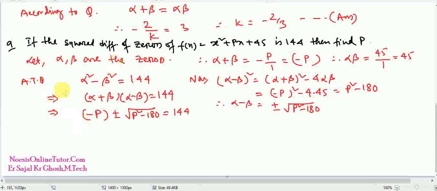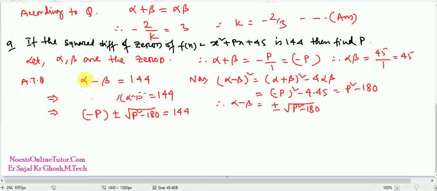Sorry, here there is a problem. Here it is written as the square difference of zeros. That means this should be like square difference.